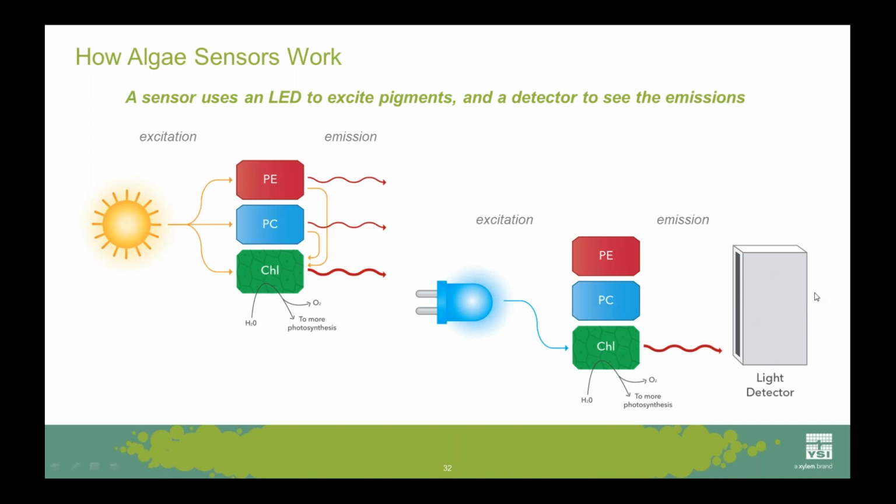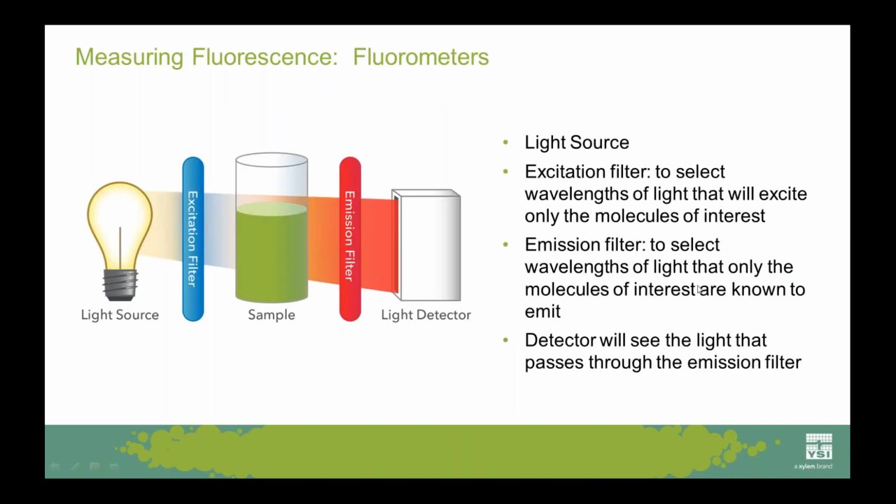A detector is going to see the light that gets emitted by the fluorescent molecule, in this case chlorophyll, and it's going to use filtering approaches to see only the wavelengths of light that are relevant, I should say, to that sensor's purpose. Now, this principle was not invented at YSI, not by a long shot. And it wasn't even invented for sensor technologies.